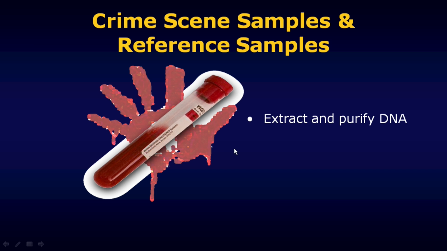And so the first step in this process is quite simply to extract and purify DNA from both of these two different kinds of material. I'm not going to get into the details in this relatively short video about how it is that that's accomplished, but I hope you'll take my word when I tell you that it's actually a very simple, straightforward procedure. It's rooted in the very same principles that work for getting stains out of laundry, right?